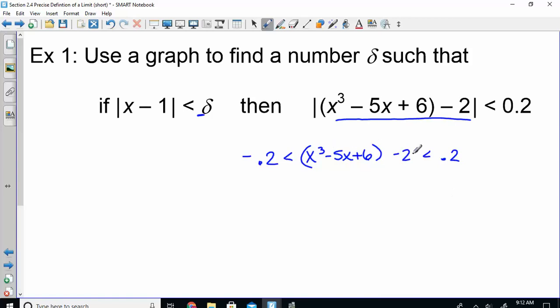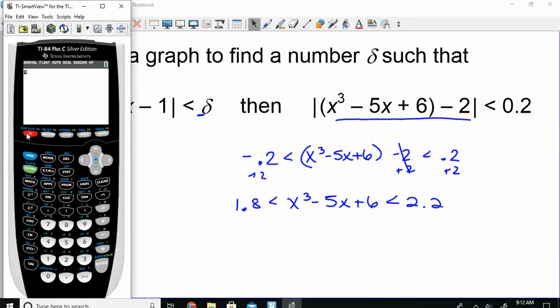So then if I'm trying to get that function in the middle by itself, what would I need to do with my minus 2? So if I add 2, I get 1.8 is less than my function. It's less than 2.2.